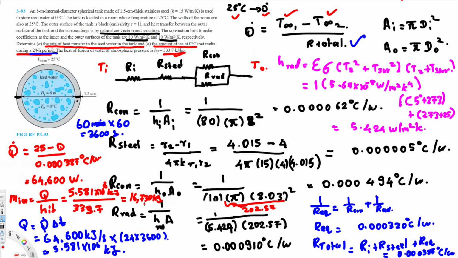Now the surface temperature, we have assumed this 5 degrees Celsius. Now let's go ahead and find this one using this information and see what we get.